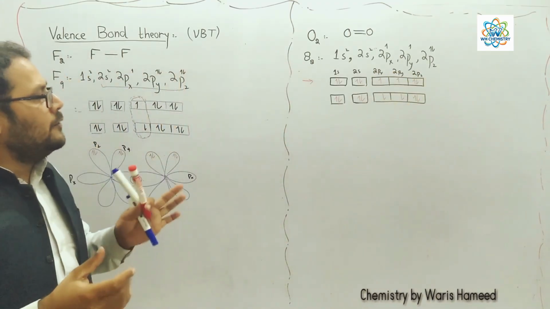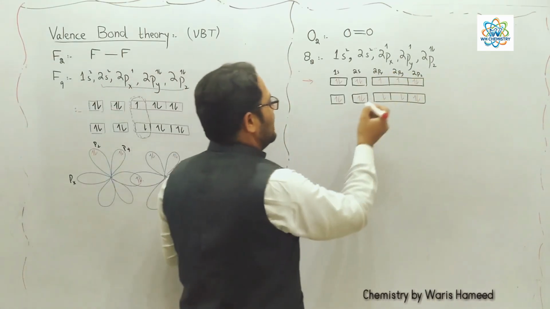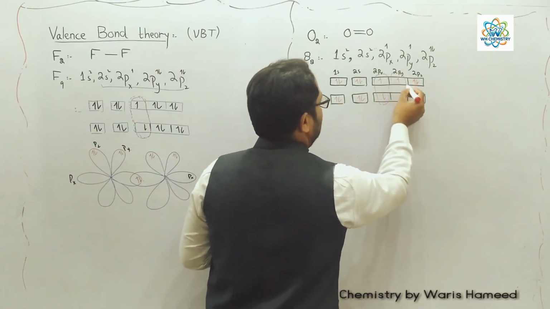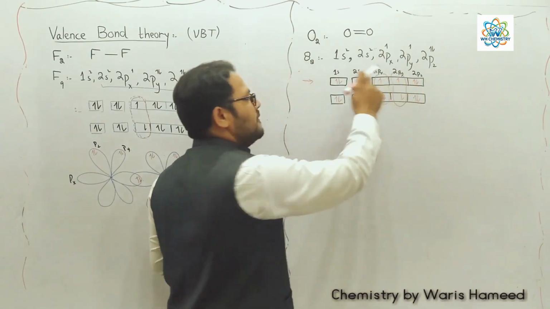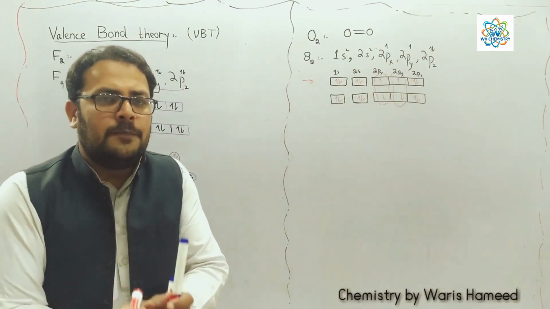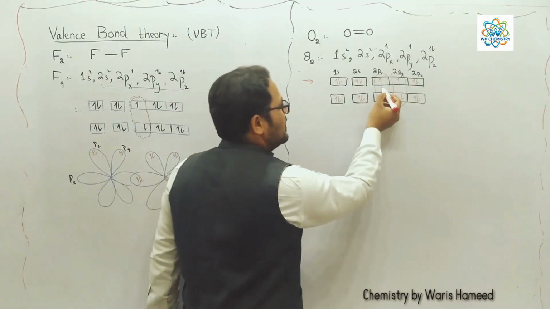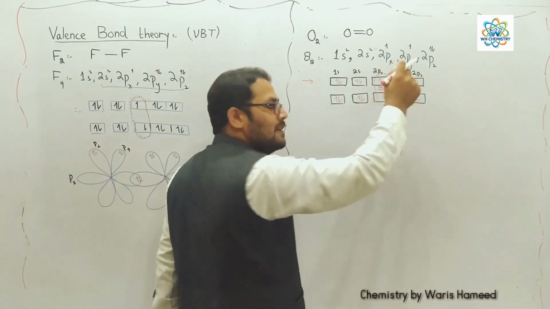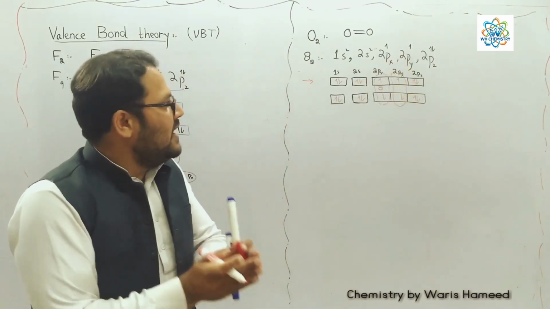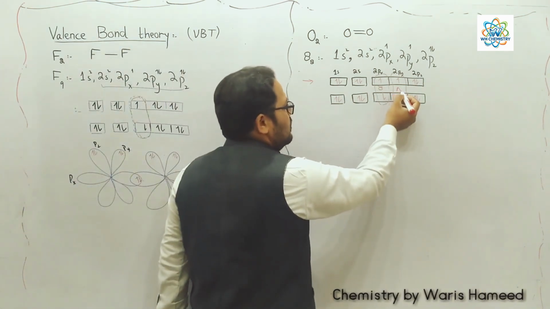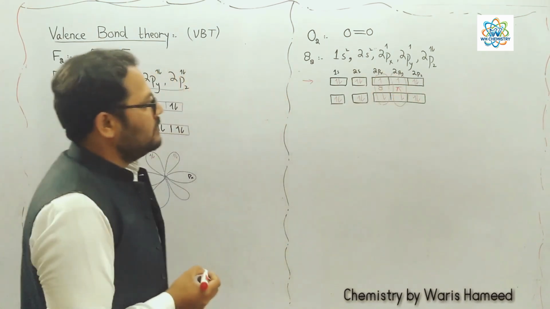2px and 2py will overlap with each other, forming a double bond. The first overlap, between 2px and 2px, will form a sigma bond, and the second overlap, between 2py and the other 2py, will lead to a pi bond.